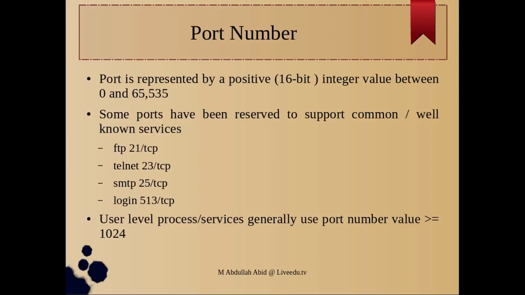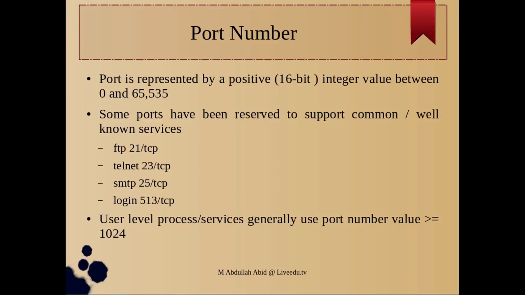Whenever we are downloading from any service, we require port number 21. Similarly, for logging in over the network, we use port number 513. SMTP, the simple mail transfer protocol, used for email, requires port number 25. Telnet for remote connection requires port number 23 over TCP.